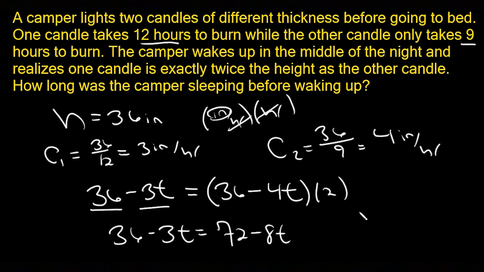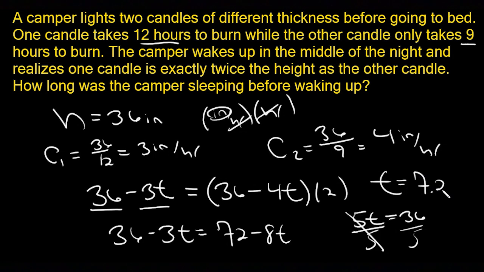So when I do that, I'm going to get 5t equal to 36. And now from here, all you have to do is divide by 5. So if I divide by 5 here and here, I get time, or t, is going to be equal to 7.2. And again, that is going to be in hours, okay? So there's my answer. To answer the question, the camper has been sleeping for 7.2 hours, okay?